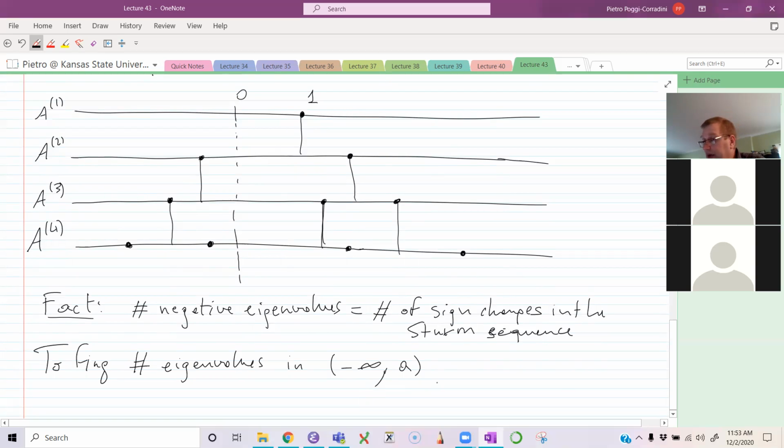Well, you just shift. To find the number of eigenvalues to the left of a, shift by a.